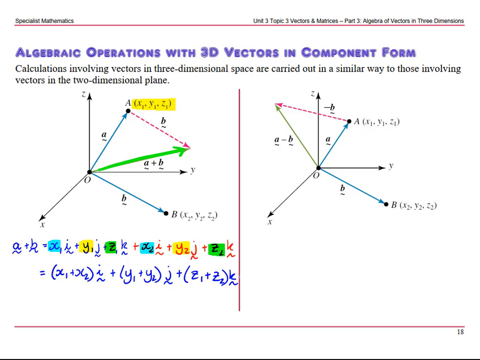When subtracting, same deal. A minus B is going to be x1i plus y1j plus z1k minus, remember to put the brackets, (x2i plus y2j plus z2k).